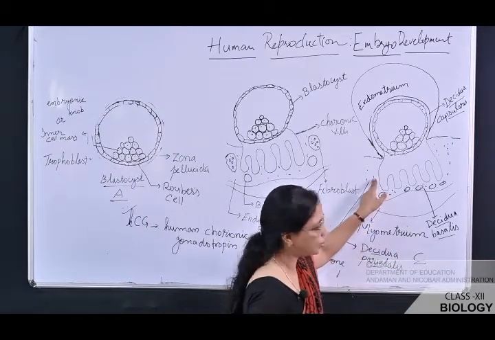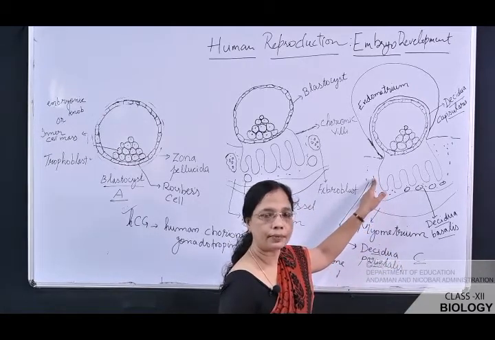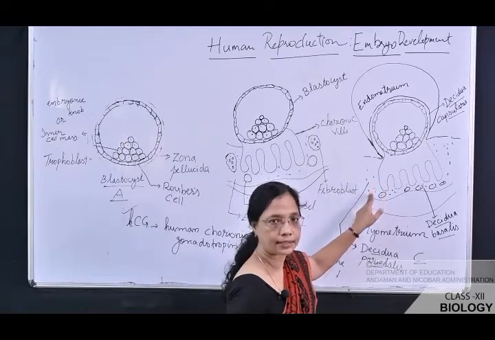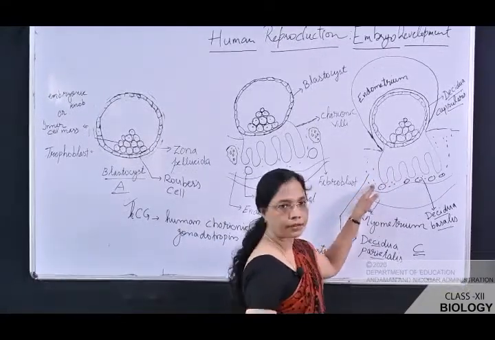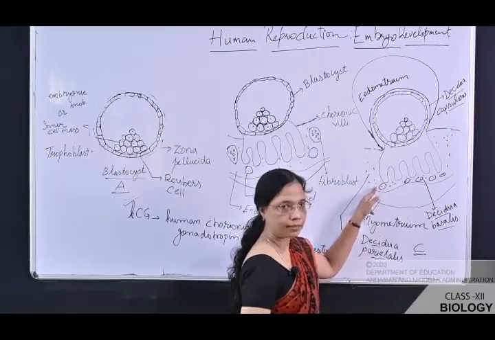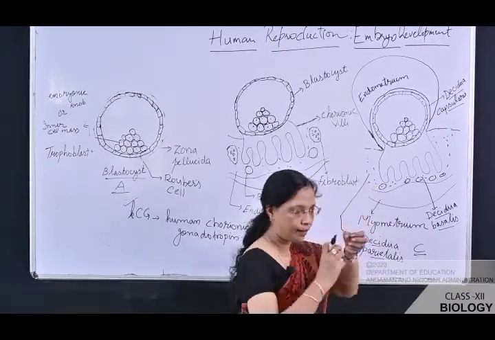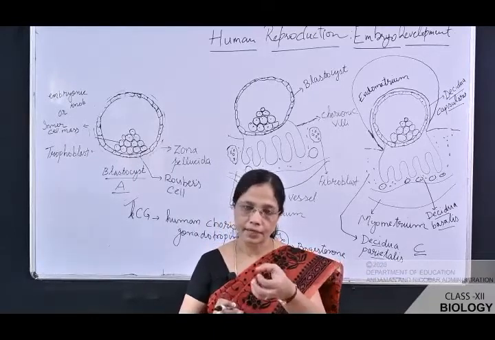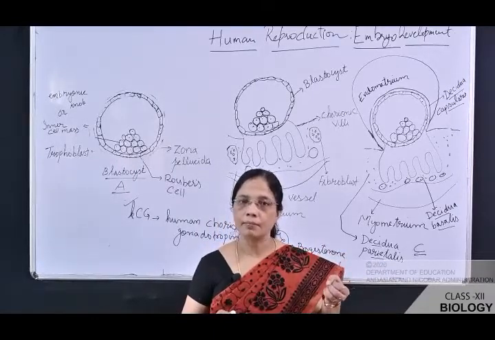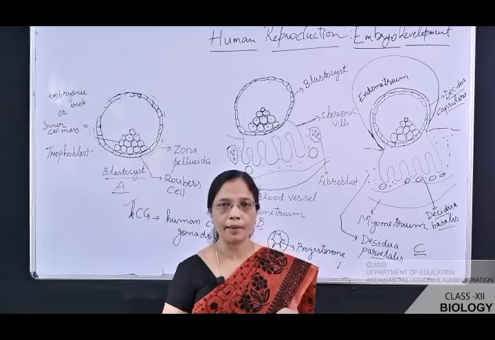Above this smooth muscular tissue, you can see the columnar epithelial tissue, that is the endometrium. Chorionic villi attach with the blood vessels of the mother and start to draw nutrition from them, thus forming the placenta.